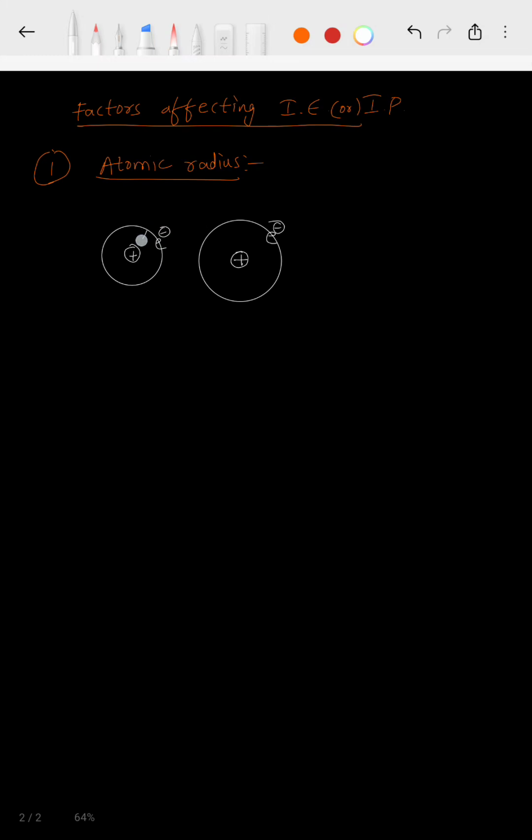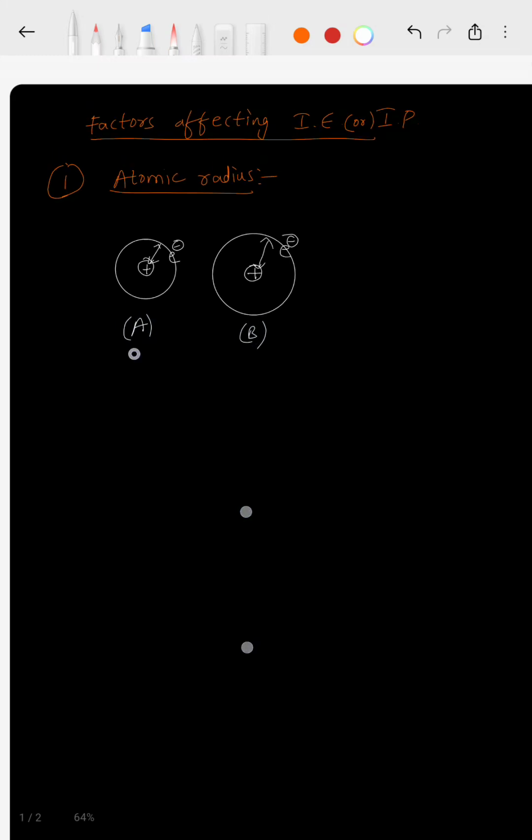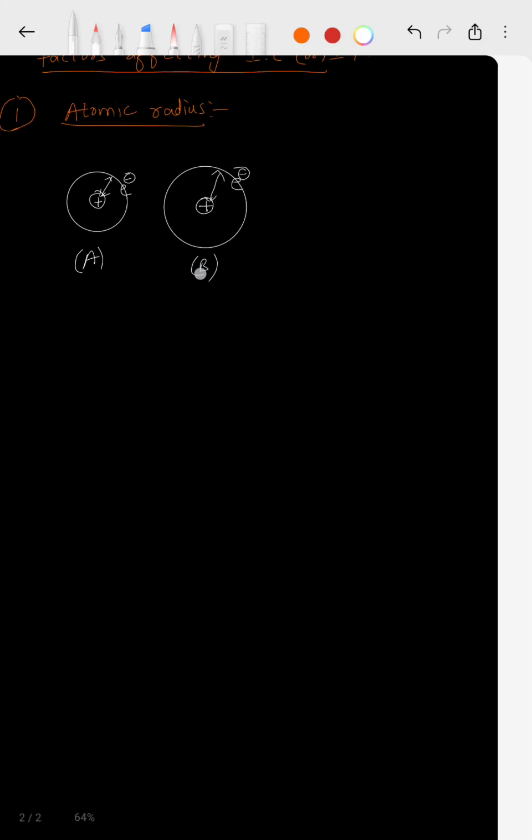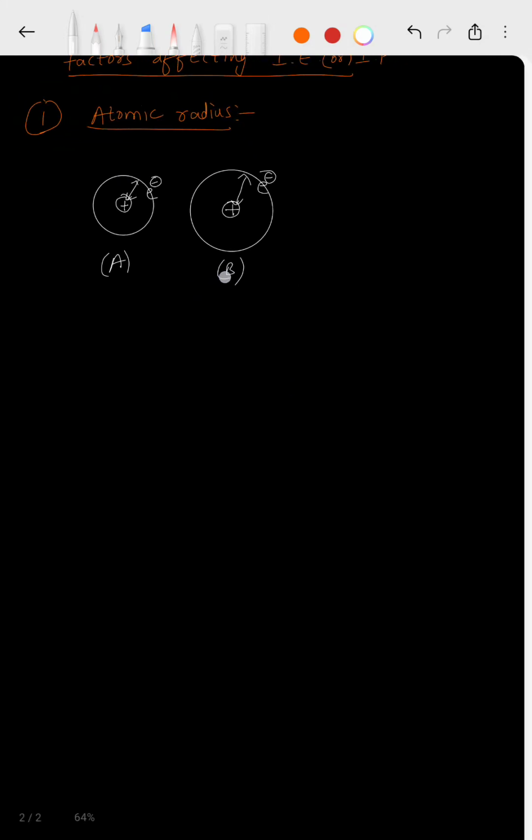Now you just tell me, from here to here the distance is more or here to here? Atomic radius, for example, I'll consider this as A and the next one as B. So for A the atomic radius is more or for B is it more? The radius of A is more than B.